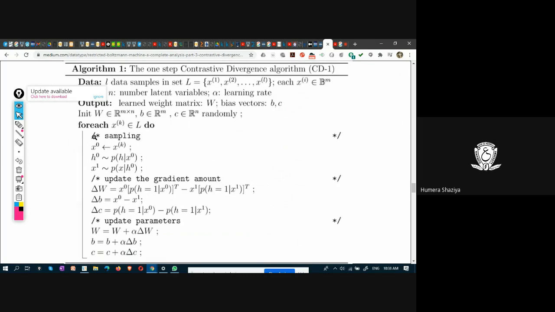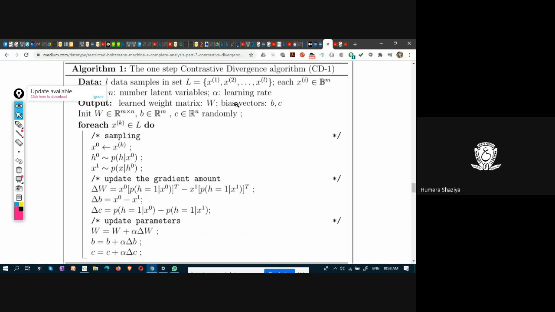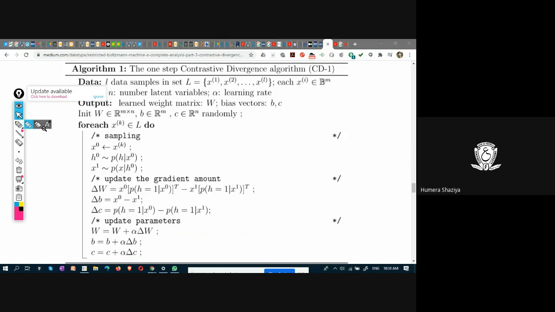And then for each x1, x2, and so on belonging to the set L, sampling is performed.